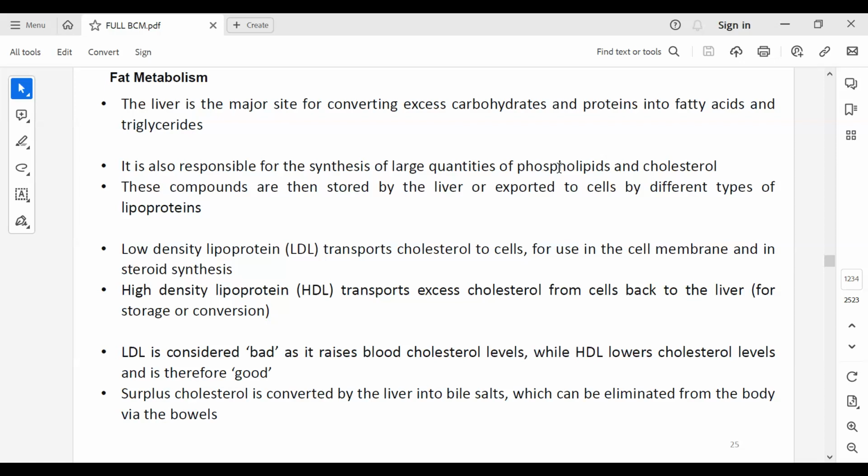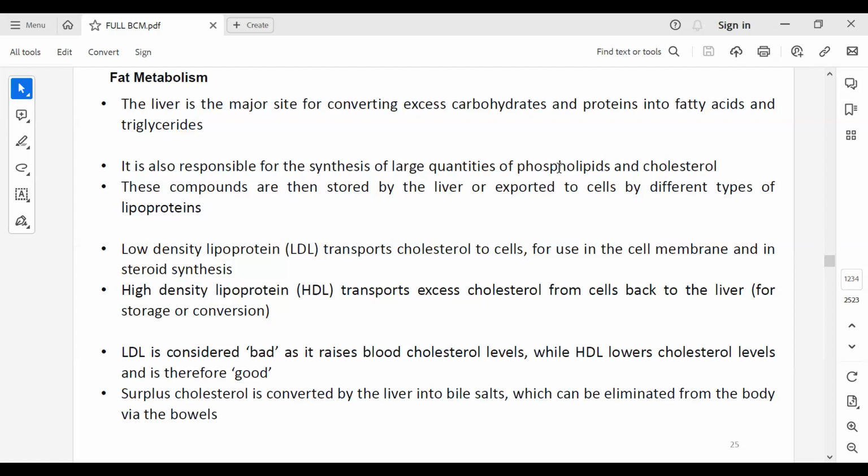It is also responsible for synthesis of large quantities of phospholipids and cholesterol, which is very important because phospholipids make most of our cells and our cell membranes, and cholesterol will play a part in making most of our hormones, and that structure will play a part in making vitamins also.